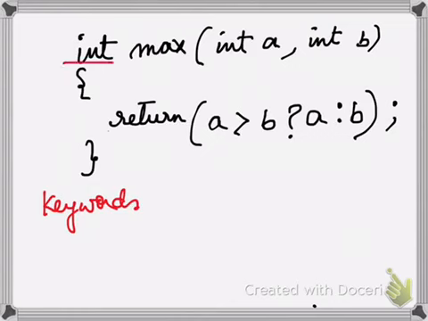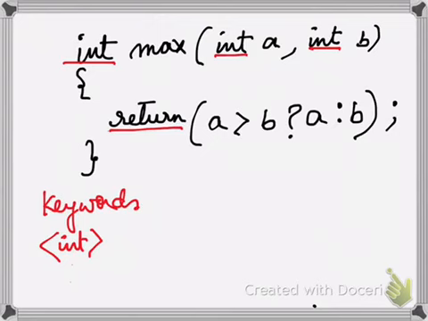So here you can see this is one token, int, that is a keyword. Then here again I have int, so there will be 3 different tokens for int. Return is a keyword. So for each of these we will have one keyword token.